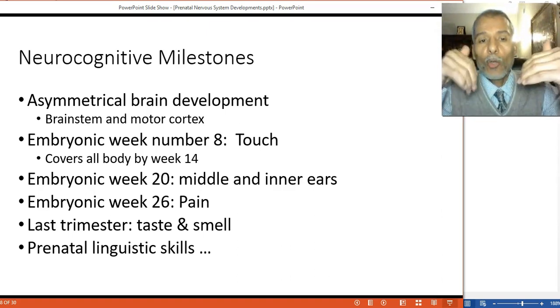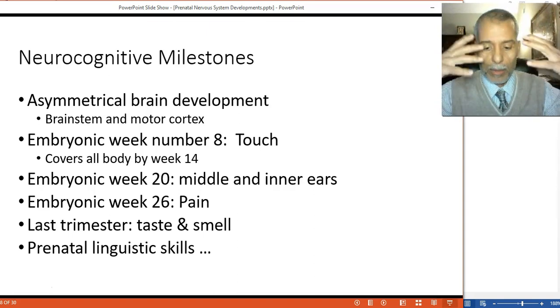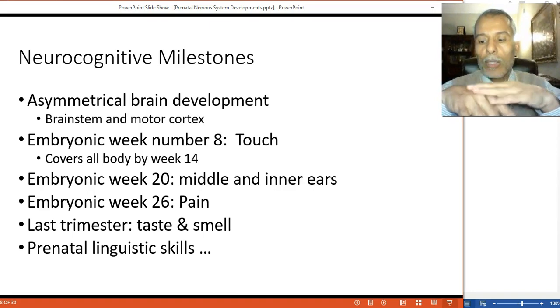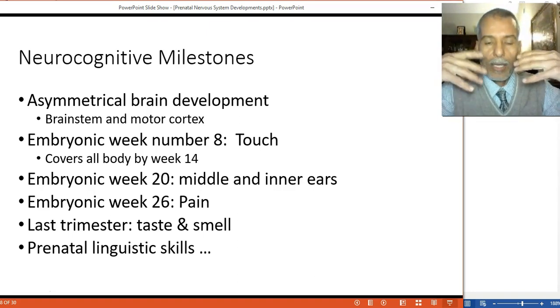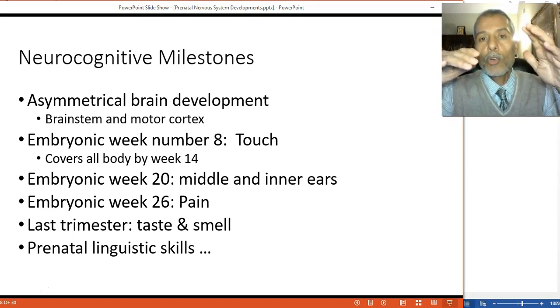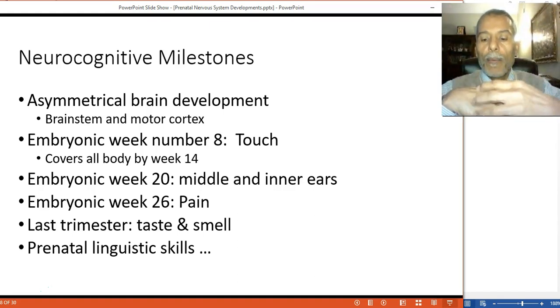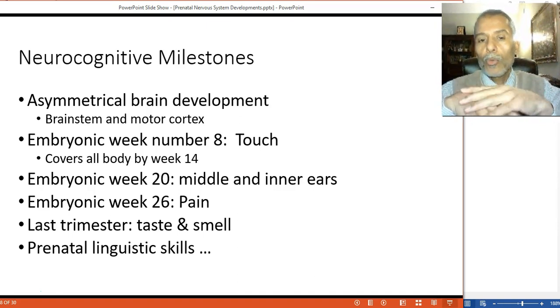By week 8 of gestation, after conception, the baby is able to feel touch. It has sensation on its skin and various parts of the body, but by week 14, all the body is now covered with sensory extensions that are able to make the baby respond to touch.